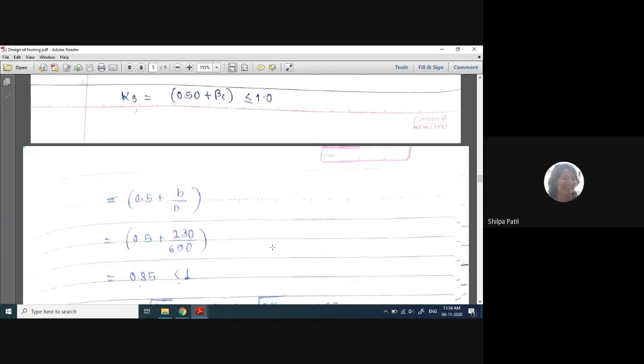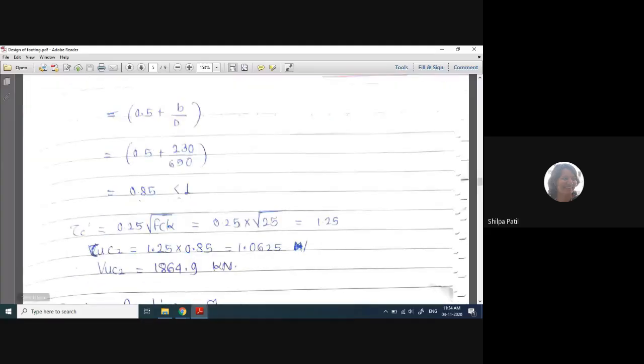Suppose in a particular problem this Ks value is coming greater than 1, then the value of 1 should be adopted as Ks. Then tau C dash is calculated as 0.25 root fck. The fck value was given as 25, M25 grade. So putting the values, we get the tau C dash value. Putting the values of Ks and tau C dash, we get tau UC2.